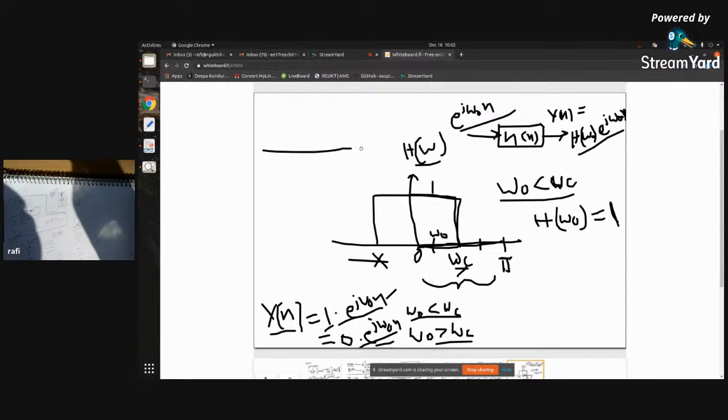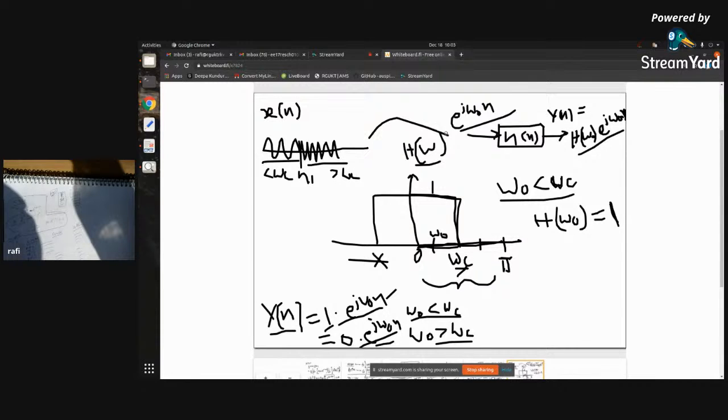For example, you have two sinusoids like this. One is low frequency and another one is a very high frequency sinusoid, something like this. This is x of n. Let us say until this point, until n1, you have this frequency which is less than omega c, and after that the frequency is greater than omega c, a very high frequency signal.